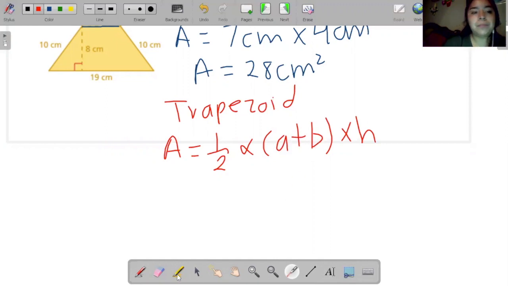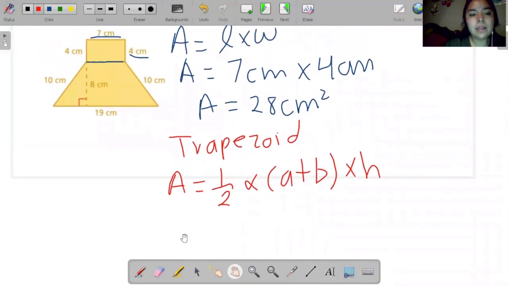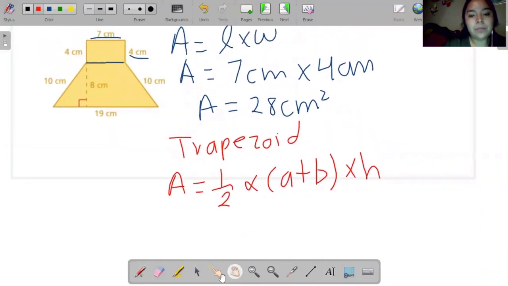So here, our short base is this blue line here. So how much is our short base? So our short base is going to be 7 centimeters, because this side is the same as this side here. So they have the same length.